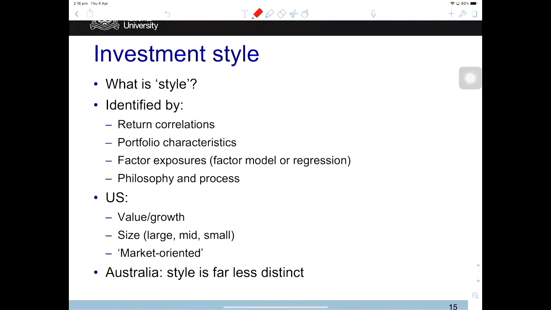Investment style in equity portfolios. So the style is actually quite qualitative or vaguely defined term in terms of style.